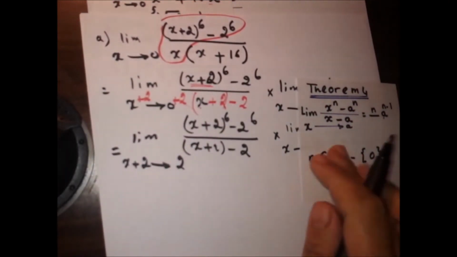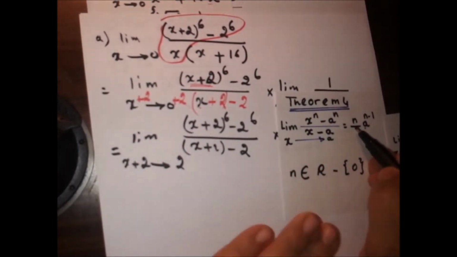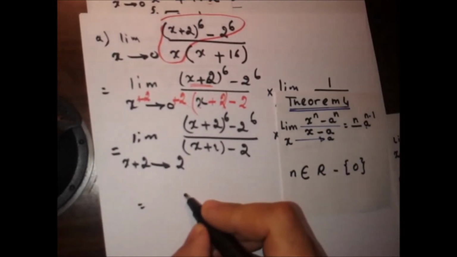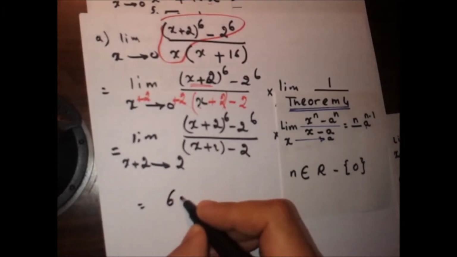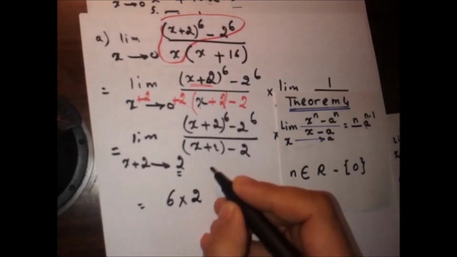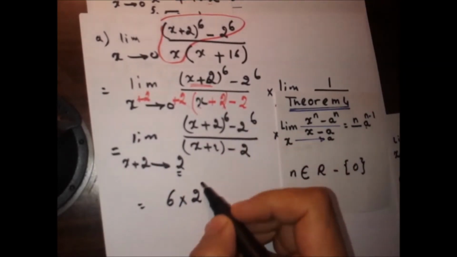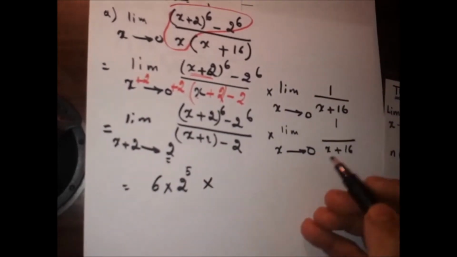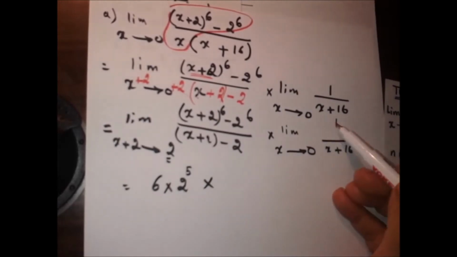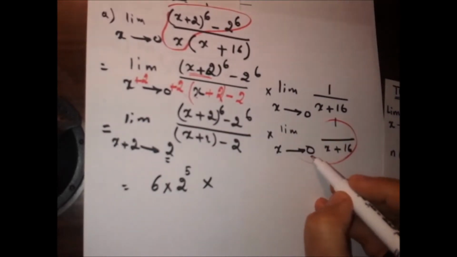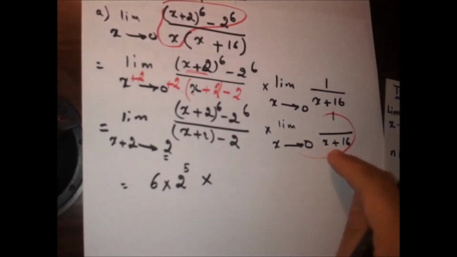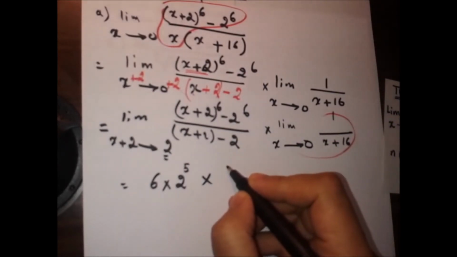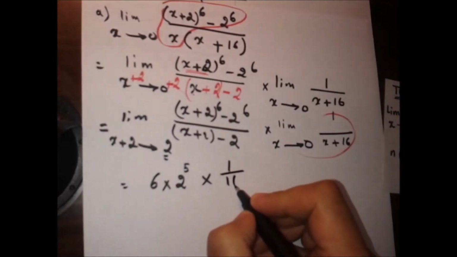So we have n times a to the power n minus 1, and n is 6, so 6 times a, which is 2, to the power 6 minus 1, or n minus 1, to be 5. This part we will do by direct substitution and put x equals 0 in the denominator here. So 1 over 0 plus 16 to be 1 over 16, so times 1 over 16.